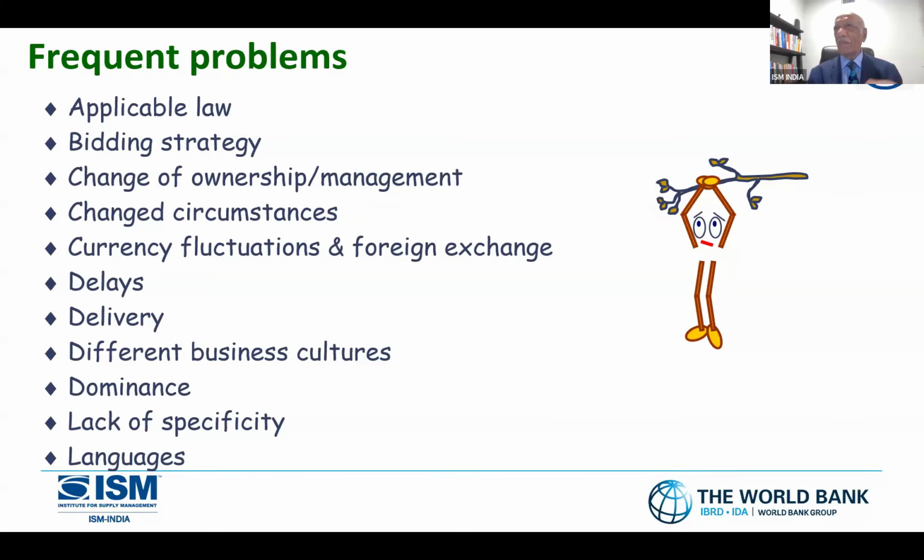Culturally, they don't understand each other. So those could create some confusion. Then lack of specificity. Sometimes the designs are not very clear. Contracts are not very clear. In this matter, specificity, I think FIDIC outbeats everyone. The languages issue is also there, but not with FIDIC.